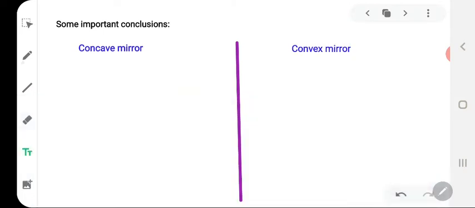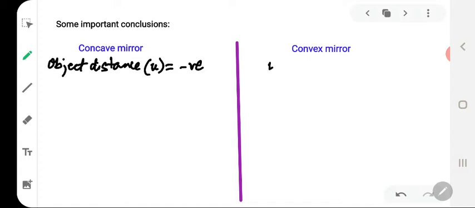So how to remember that? According to the sign convention, the distances towards the left of the mirror are negative. Since an object is always placed to the left side of a mirror, therefore the object distance u is always negative for both the mirrors. This is the first conclusion.